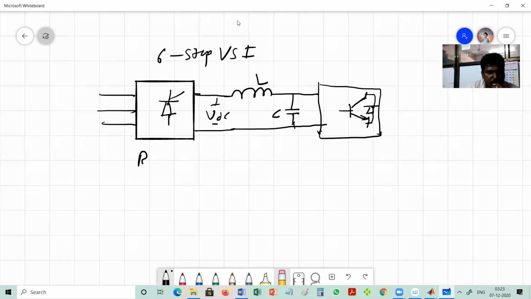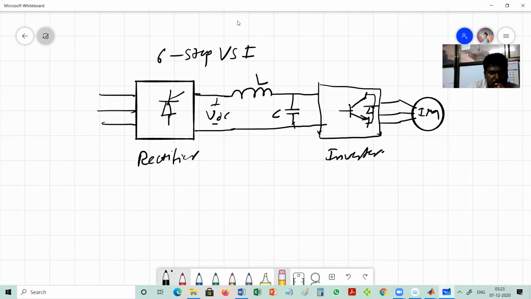So this is the rectifier circuit and this is the inverter circuit, and this inverter will generate AC voltages which are given to the induction motor. This inverter is able to vary just the frequency, and this rectifier will be able to vary the voltage.